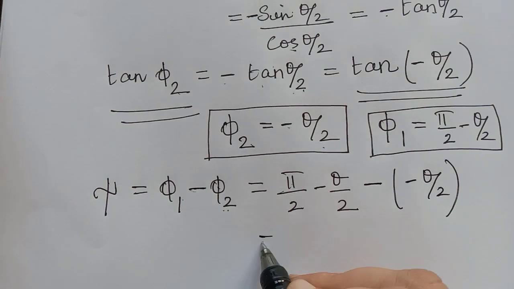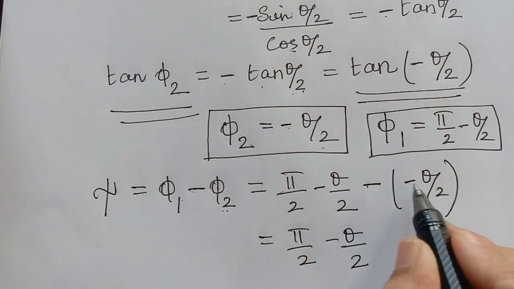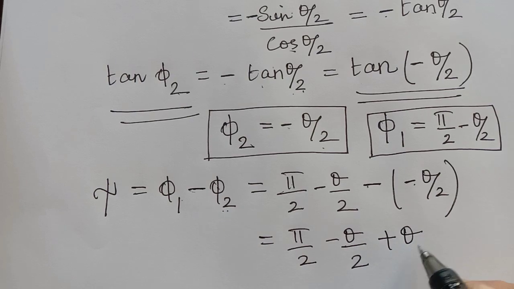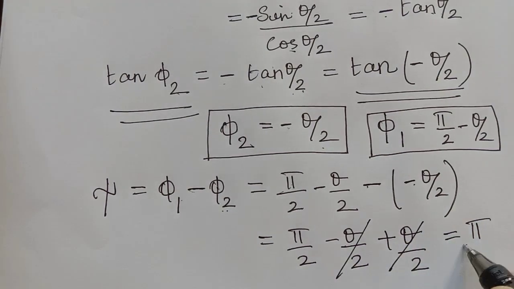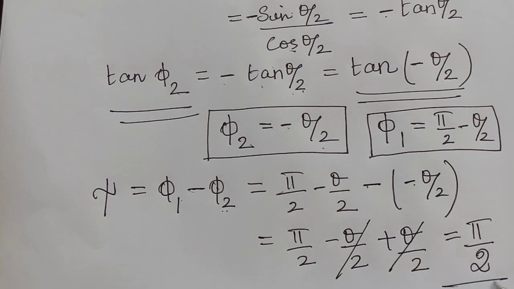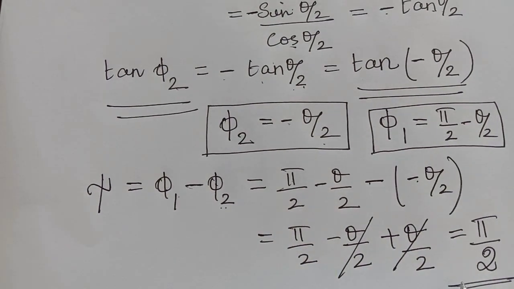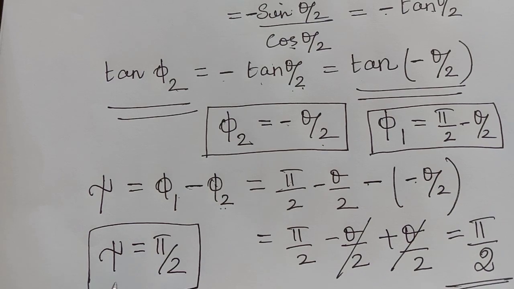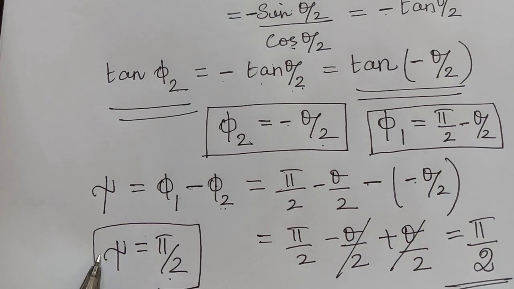And so this will be equal to pi by 2 minus theta by 2, and minus of minus is plus theta by 2. And this gets cancelled, and we obtain the angle xi to be equal to pi by 2. So therefore the angle between the given two curves is equal to pi by 2, that is 90 degrees, which means the two curves cut orthogonally.